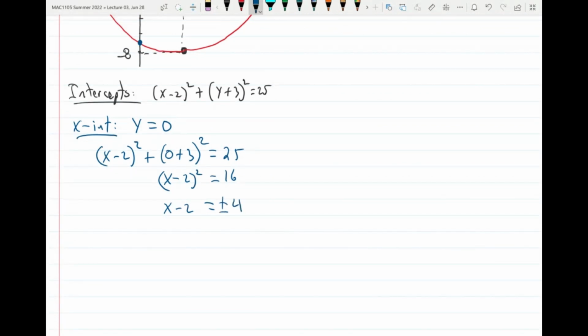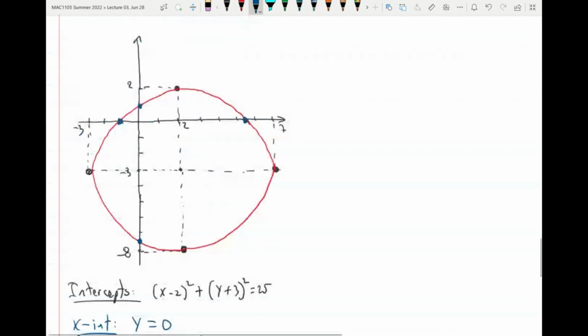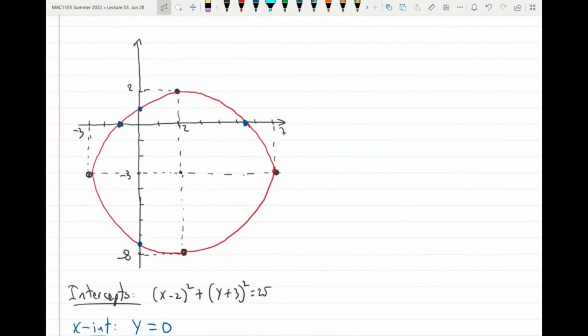Remember, square root method. So we have two little equations: x minus 2 is 4, or x minus 2 is negative 4. So what do we get here? 6 or negative 2. Here I was a little bit off, so let's fix it. Let's find them, and then I'm going to redraw my circle.